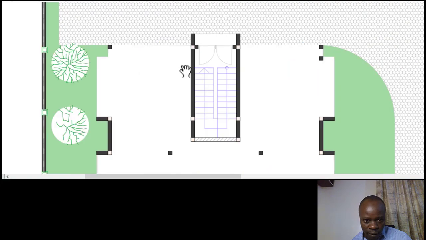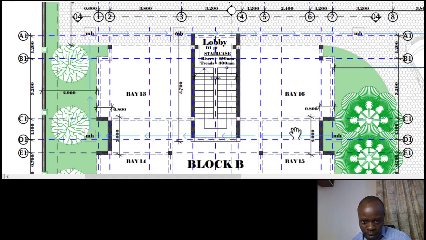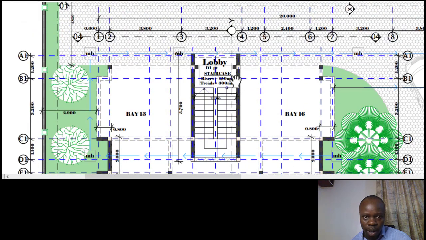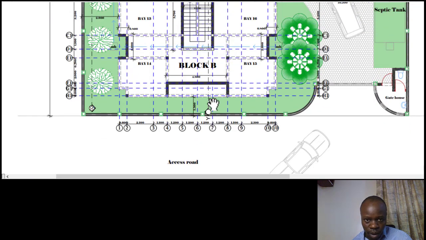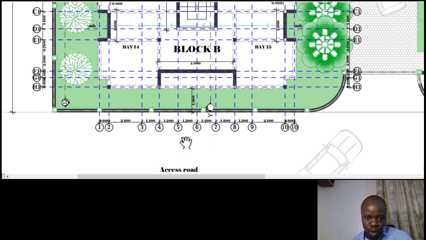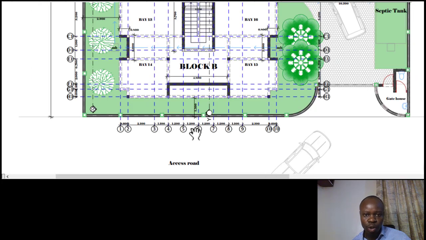So this is 5.7, the complete length, and then on the shorter side, or the width, let me see if it's shown here. Okay, I can see it here: grid 5 to grid 7, that is 1200 or 1.2.